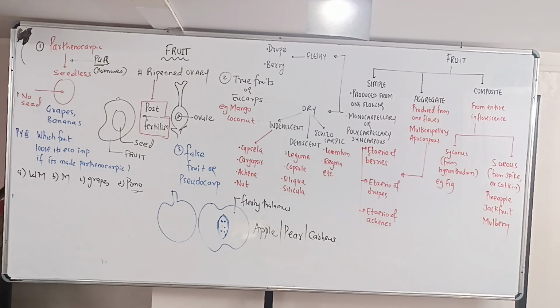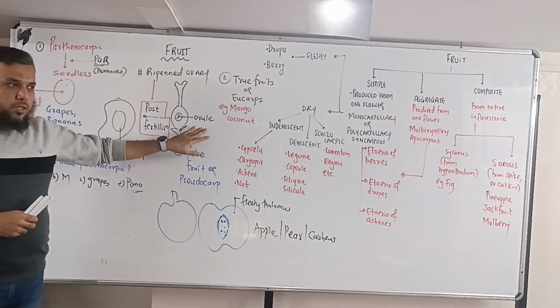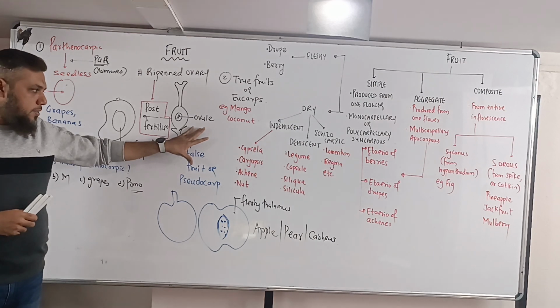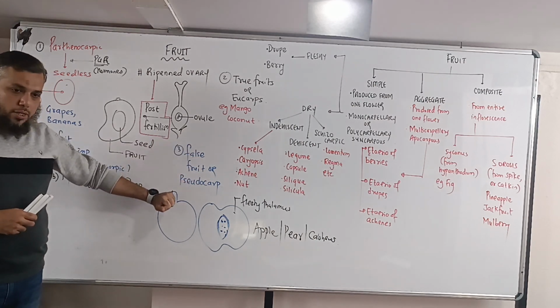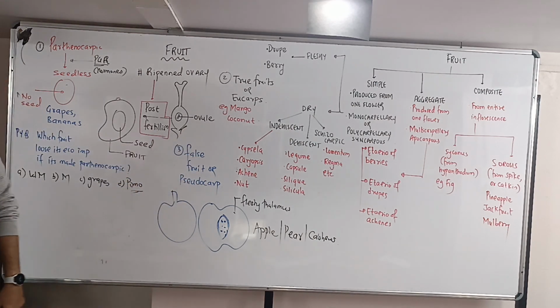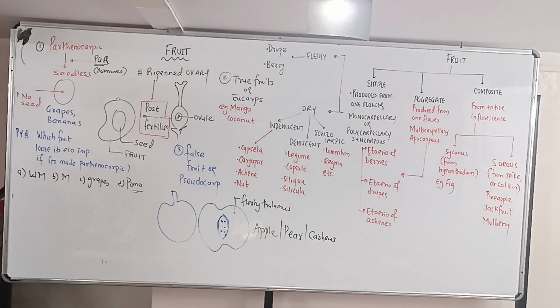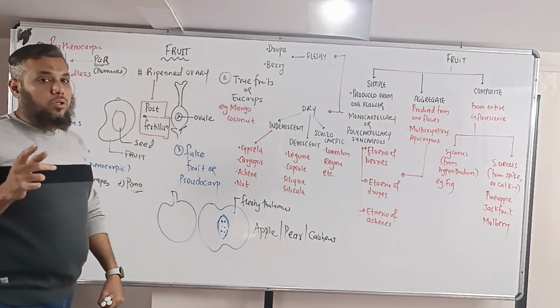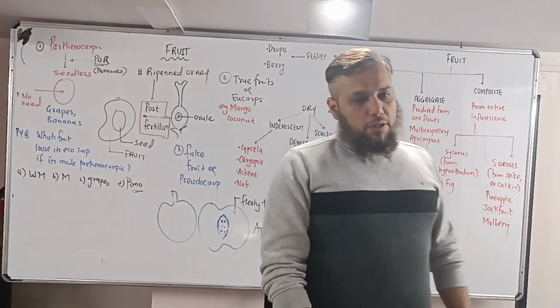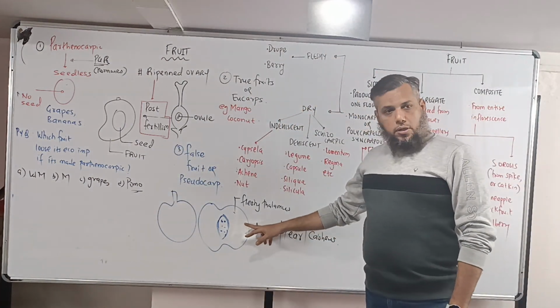So how do you describe a true fruit and a false fruit? A fruit which develops only from the ovary is called a true fruit, and a fruit which develops from other parts is called a false fruit. So why is apple called a false fruit? Because it develops from the thalamus.